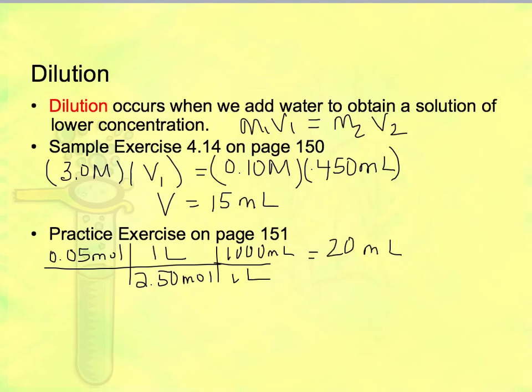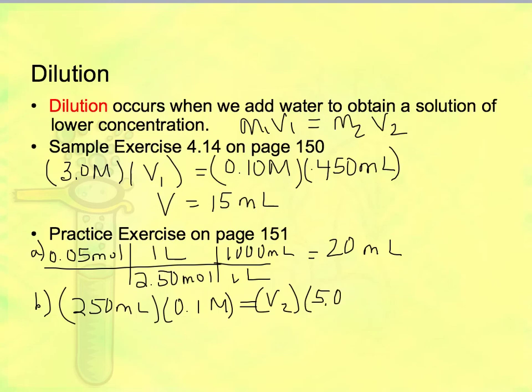All right, and then in part B, this is A, we have 250 milliliters times 0.1 molar equals V2 times 5 molar. So V2 then should be 5 mL.